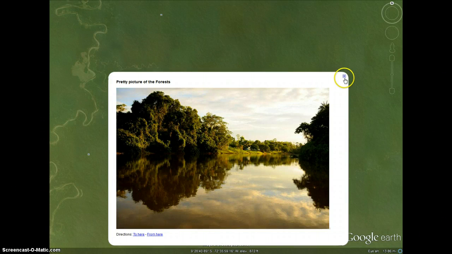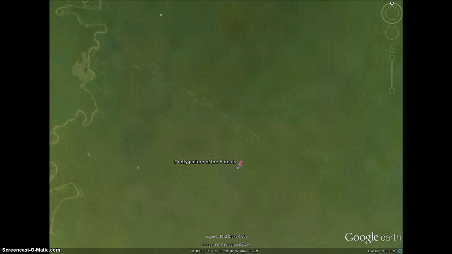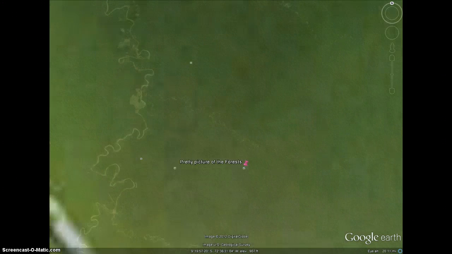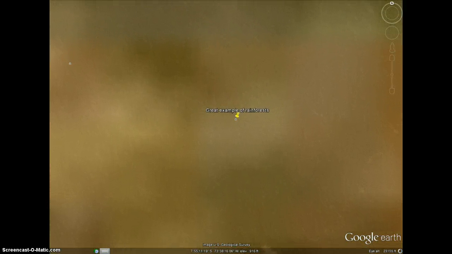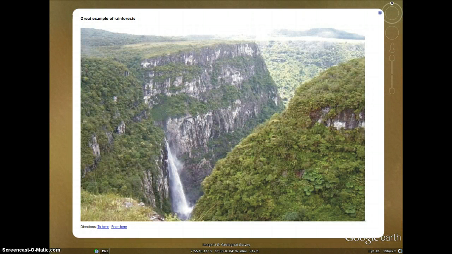Let's see another example of what this rainforest looks like. Here we go. Wow. Looks like there are mountains and waterfalls. And again, lots and lots of trees.